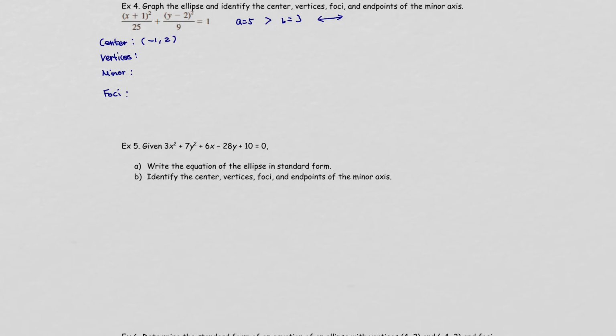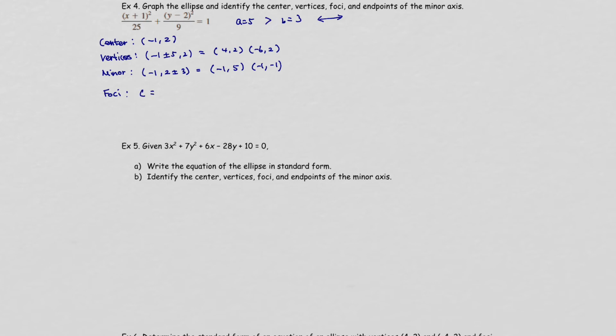And your vertex is going to be adding to X or subtracting from X. That will give me 4, 2, and negative 6, 2. And for the minor axis, you're going to plus or minus 3 to the Y value from the center. So that gives you negative 1 and 5, negative 1 and negative 1.